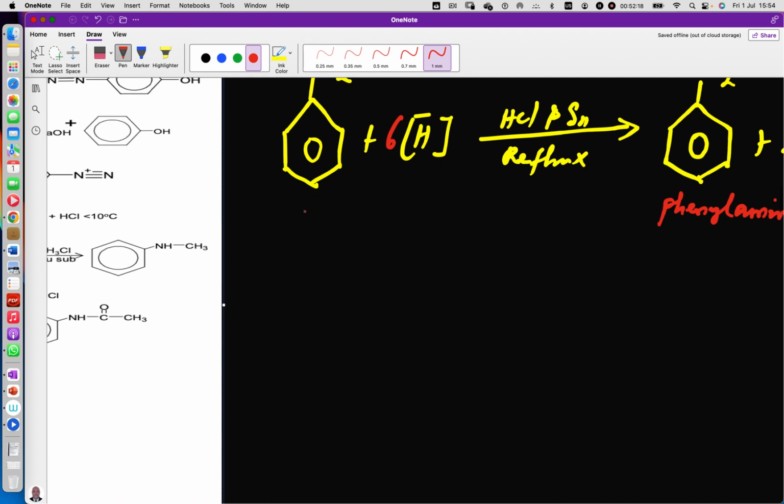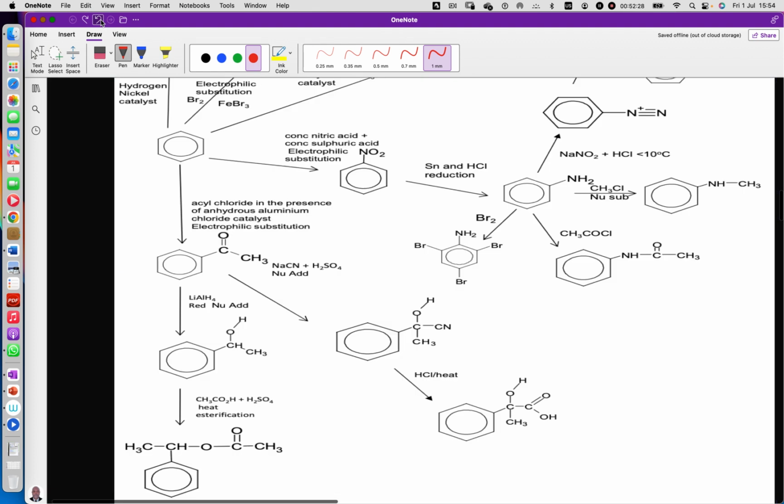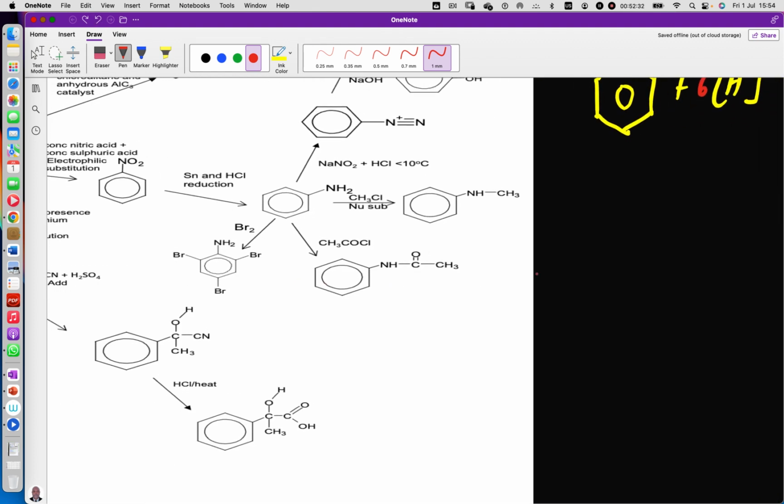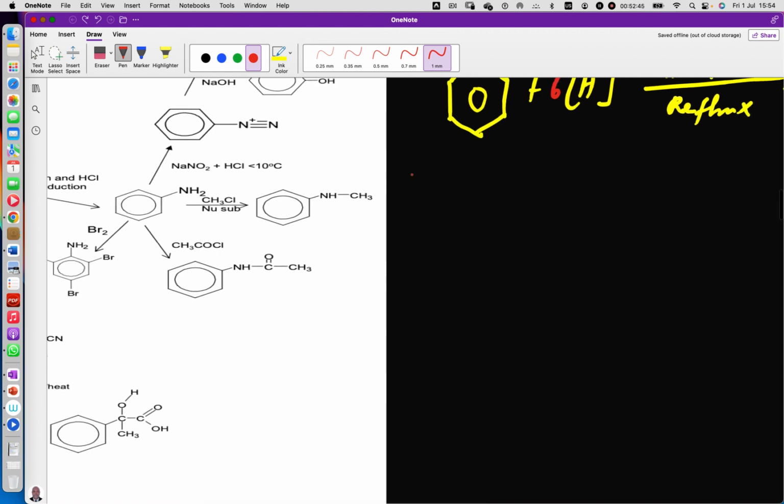Initially, this is sodium. Remember that the phenylamine is going to react with sodium nitrite and hydrochloric acid at a temperature less than this. Let me show you the chain reaction, how it's going to work.